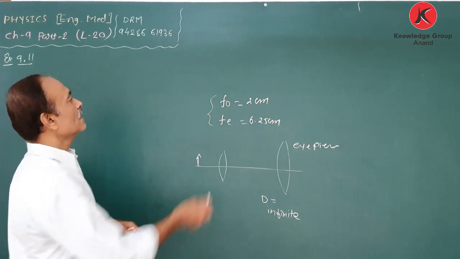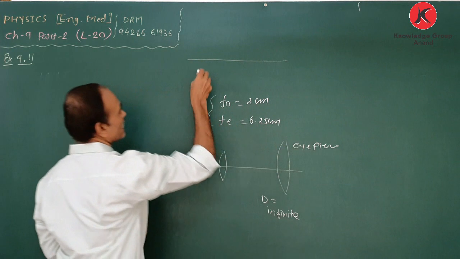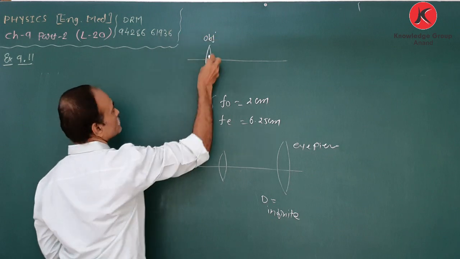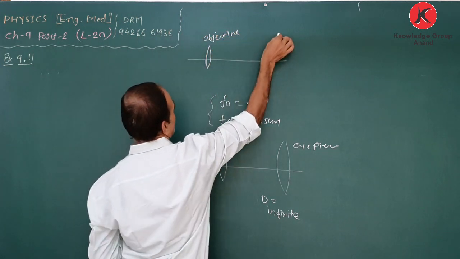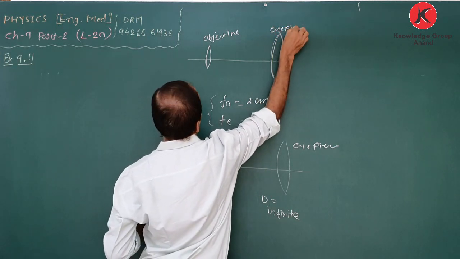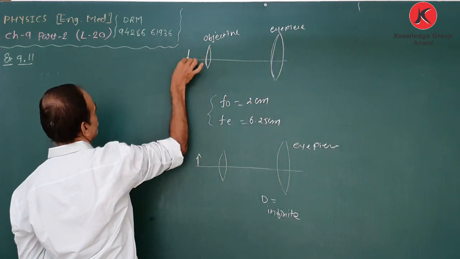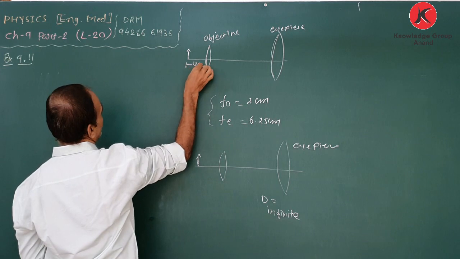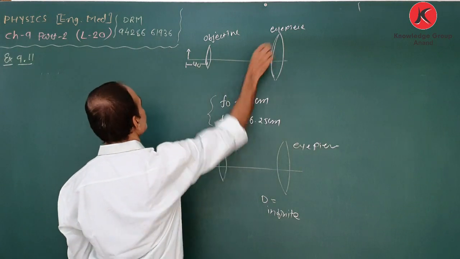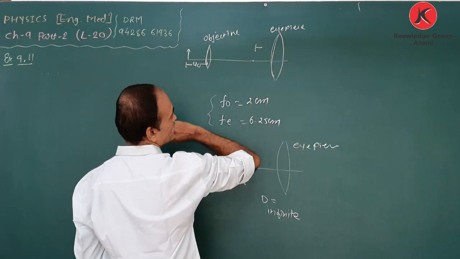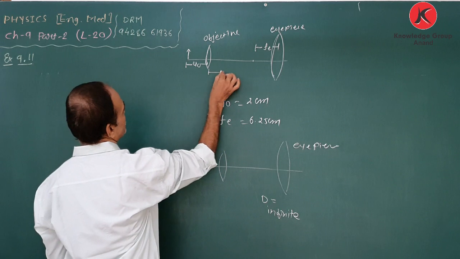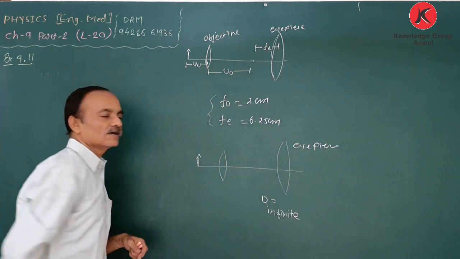For that purpose, the basic diagram of the compound microscope is this. There is the objective, and for understanding only, there is the eyepiece. Here is the object, and this distance is the object distance for the objective. Its image is formed at this point, near the principal focus of the focal plane of the eyepiece, and this distance is our V0.